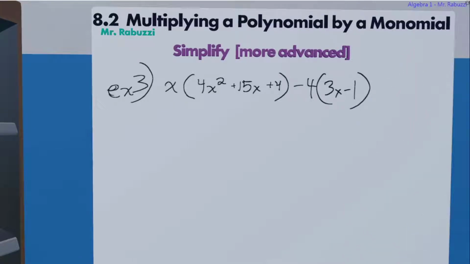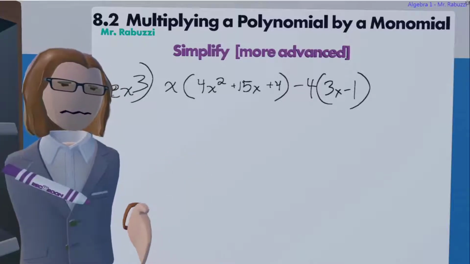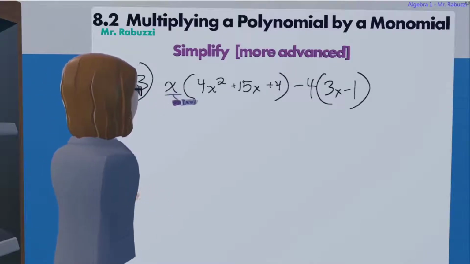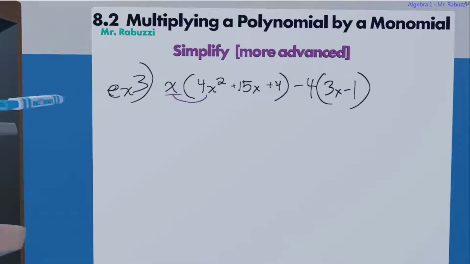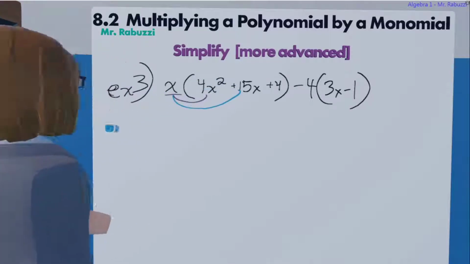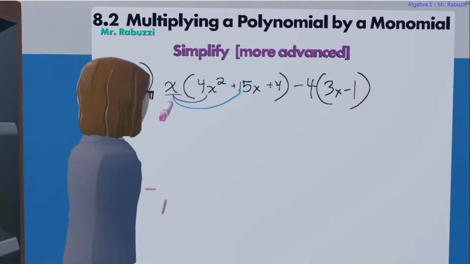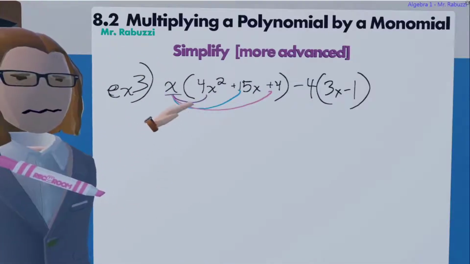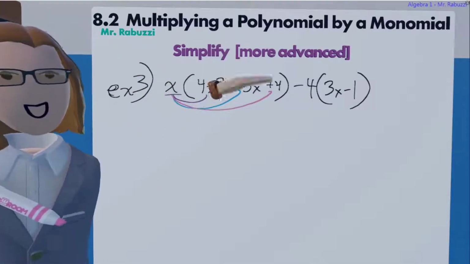So this problem, if you want to look at it, it's really just 2 of the old problems together. So we will start with the x distributing to its parentheses. So x distributes to this term, and to this term. So the x only goes to its own parentheses. It doesn't go over to the other side.